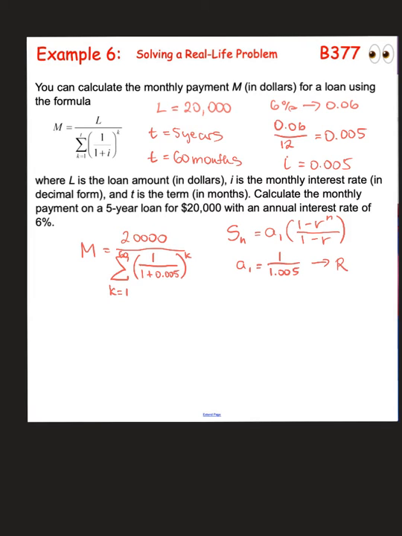So we're going to use our graphing calculator to punch this in and store this value, so that when we are substituting into a formula, we're able to use the calculator. To store this number in your graphing calculator, punch in 1 divided by 1.005.